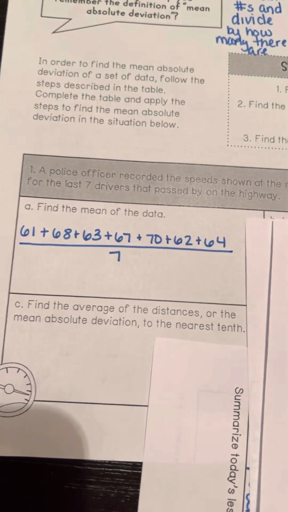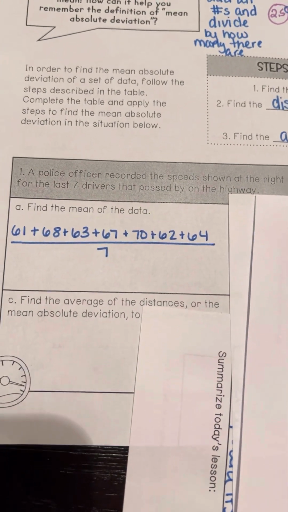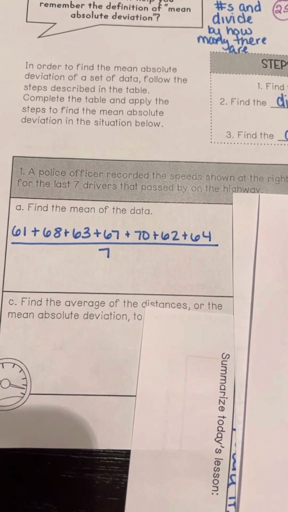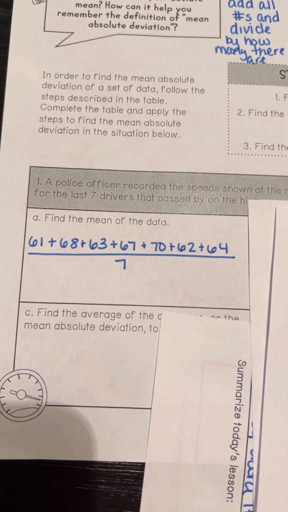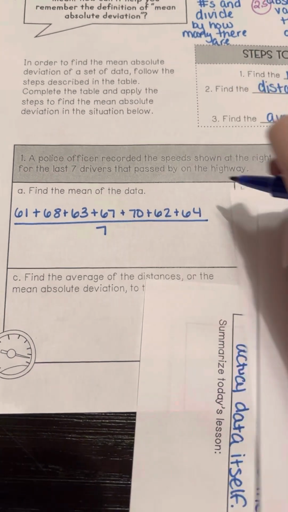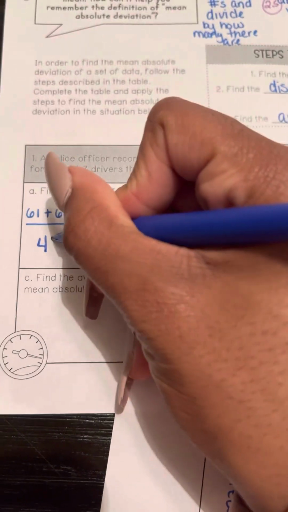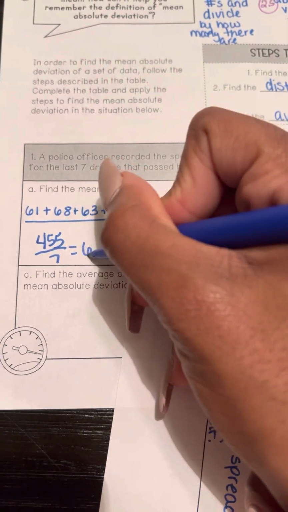I think we're going to divide that number by 7. Again, I hope this is going way faster for you than it is for me. Yes, 455 is what I got. So I'm going to take the number and divide by 7, and I'm going to get 65 as the answer.